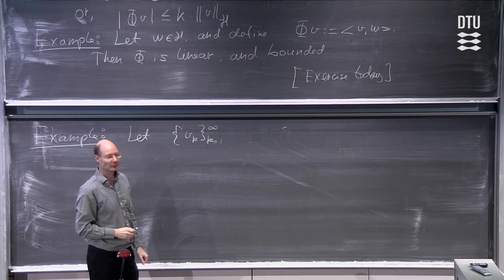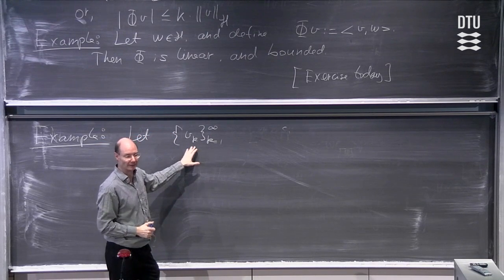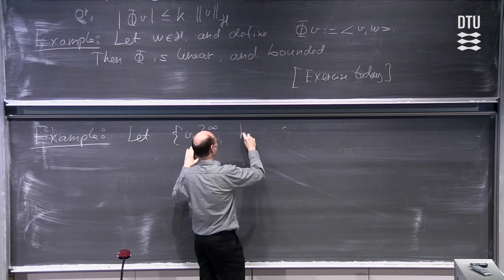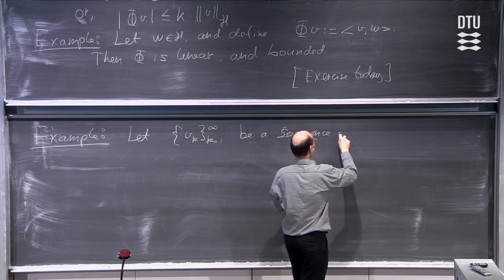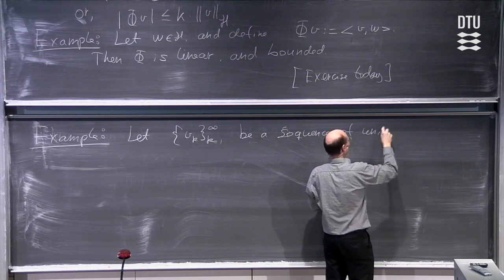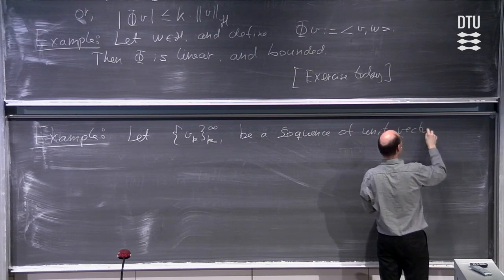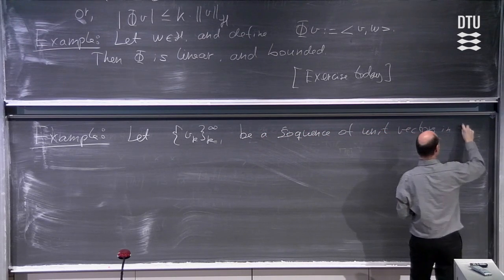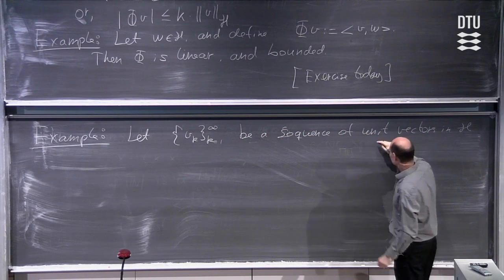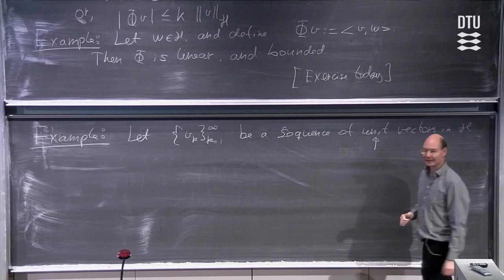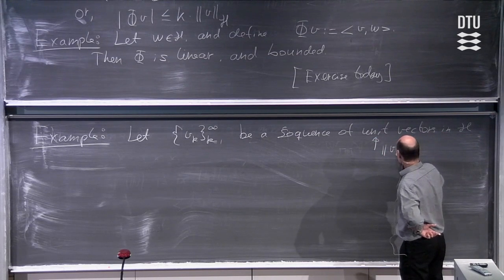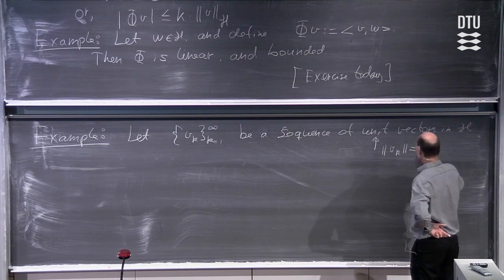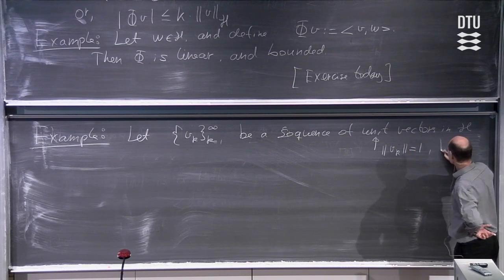So I let this be a sequence of unit vectors in the space H. This means that they have length 1. So what this means is that the norm of v_k is equal to 1 for all k.